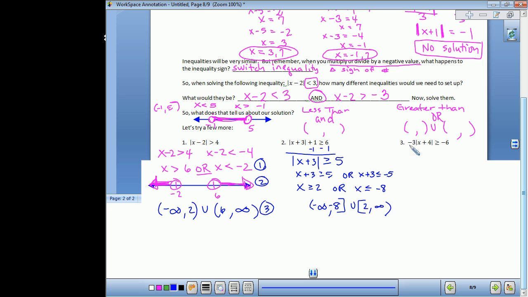Okay, this one we would divide by the -3. I am taking an inequality and dividing by a negative. What is my result? What's going to happen with my inequality? Good. It changes it from greater than to less than. Left hand, less than. Okay? This is a less than. It's going to come together. It's going to be 1 interval when we're done.